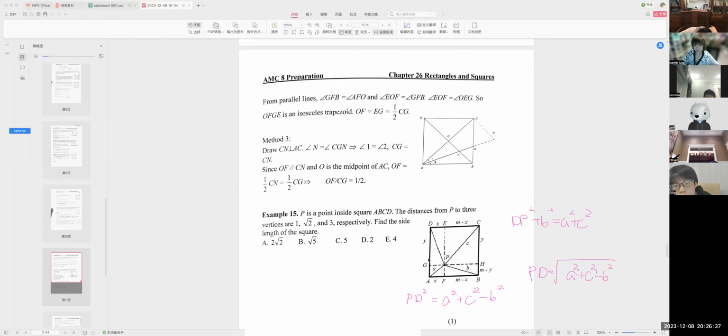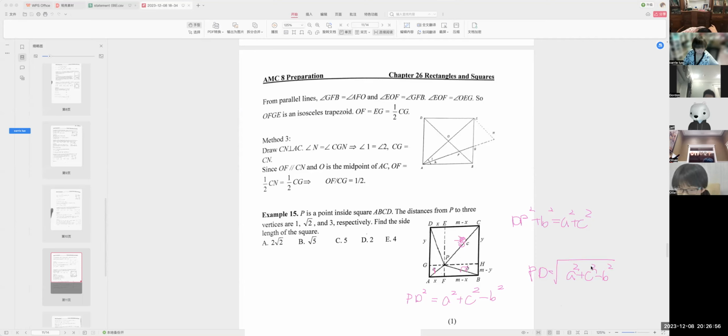Okay, so we know the distance from P. Because A squared equals 1, right? So this is 1, this is square root 3, and this is 3, correct? The distance from P to the 3 vertices is 1, square root 2, and 3 respectively.